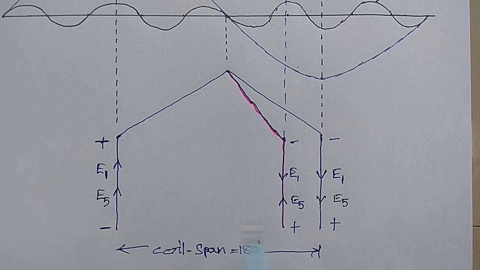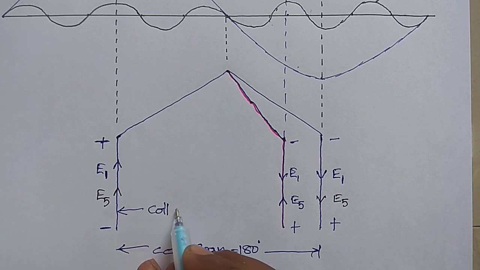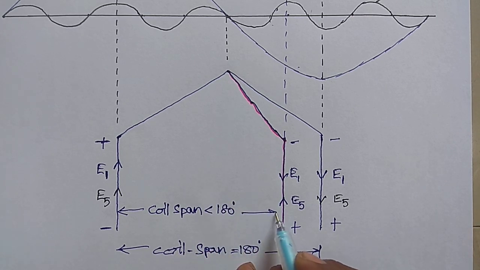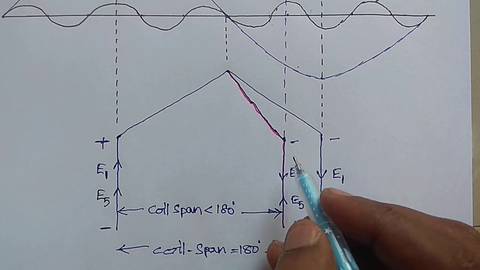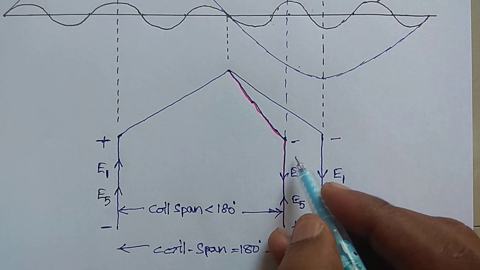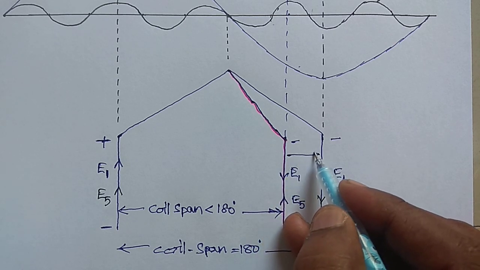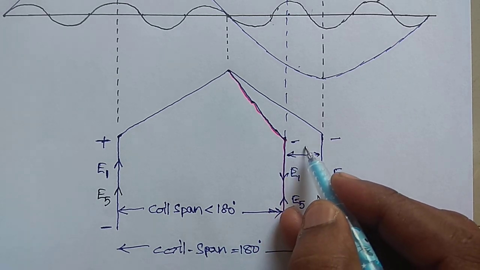Now what about the coil span here? The coil span is less than 180 degrees electrical. Less than 180 degrees electrical. So, how much is the angle decreased? That angle you call epsilon.